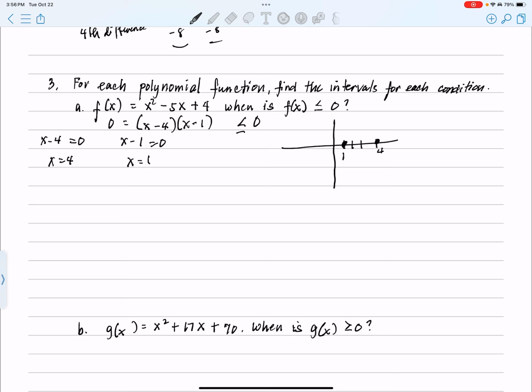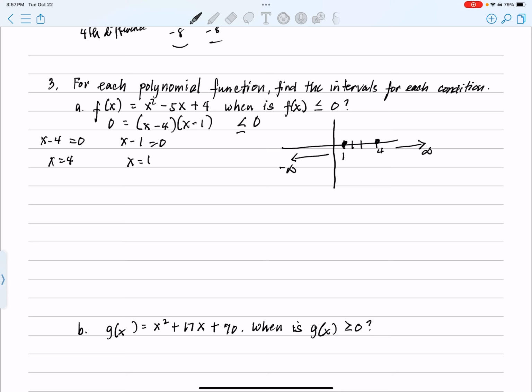Let's divide this. On the left side of 1, it's negative infinity. On the right side of 4, it's positive infinity. So whatever possibilities here that the value is less than or equal to 0, that is where the intervals are. We're looking for the intervals.